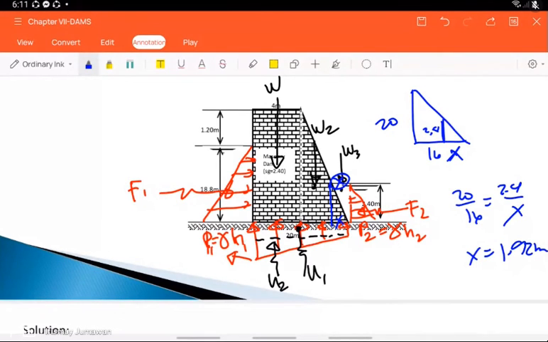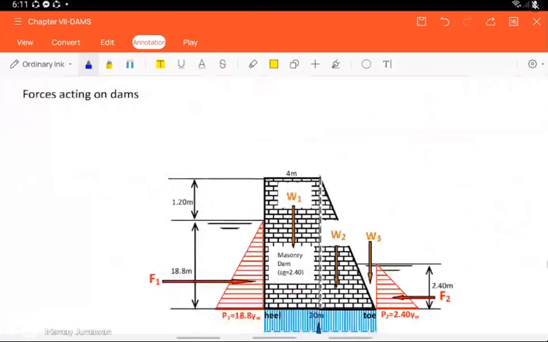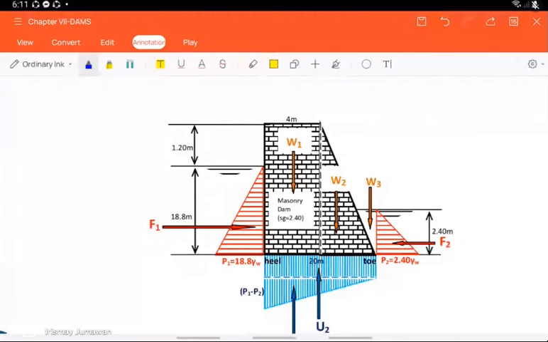Okay, so after getting the weight, forces, it is better if you tabulate. Compute all the forces, and it is better to tabulate them. Then, this is just the difference, right?